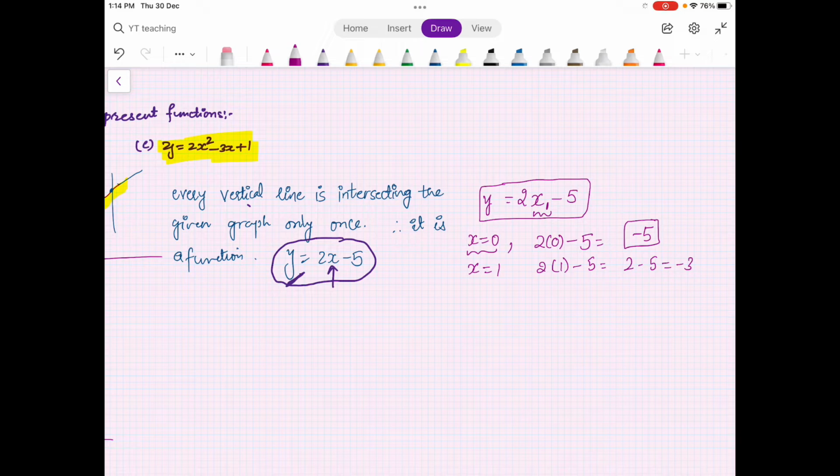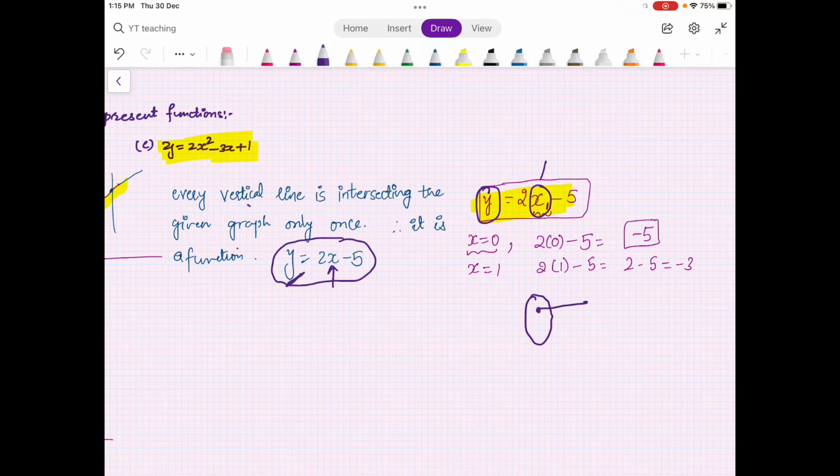Obviously we cannot test all the values of x, because there are infinite values of x. But from the relation itself, you can see that there is only one value of y for every value of x. For a function, we want that corresponding to every input value, we have only one output. We cannot have more than one output.